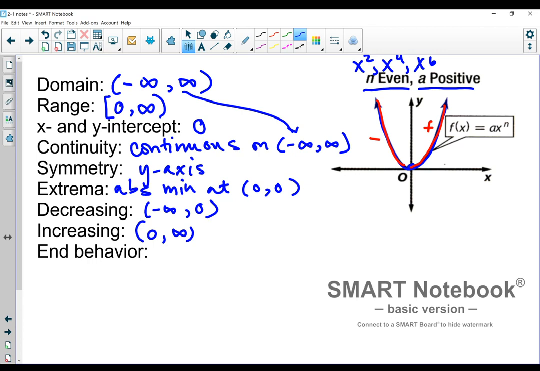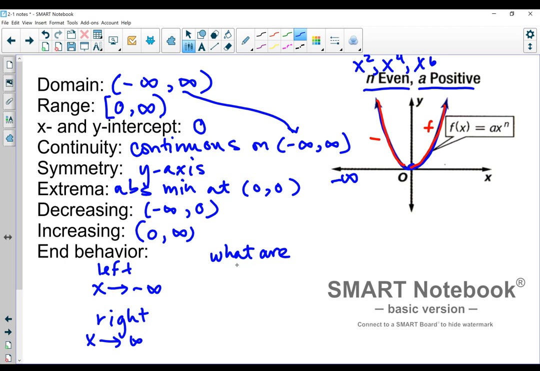My end behavior, we want to look on the left as x goes to negative infinity, and we want to look at the right as x goes to positive infinity. So as we go to the left, as I am looking at x going towards negative infinity, my end behavior is what are y's doing.